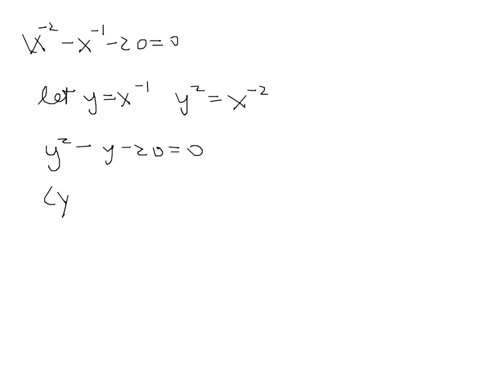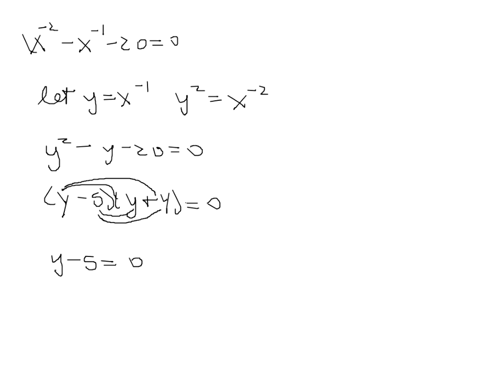This factors into y minus 5, y plus 4. So real quick check, y squared plus 4y minus 5y is minus y, minus 20. So that factorization is correct.